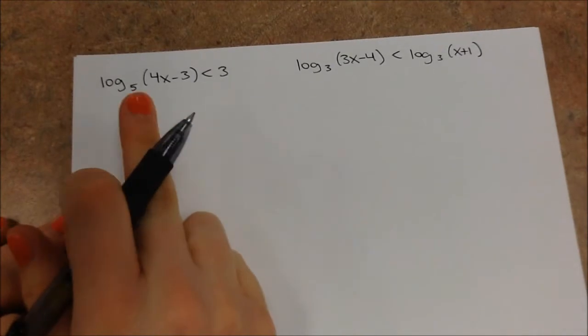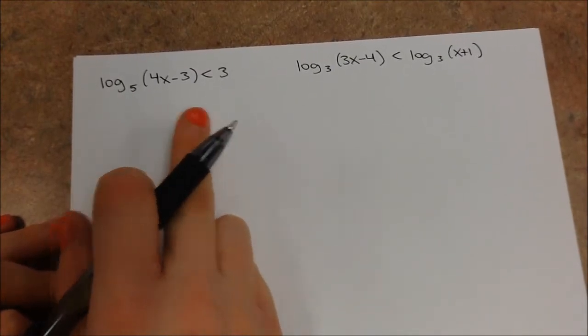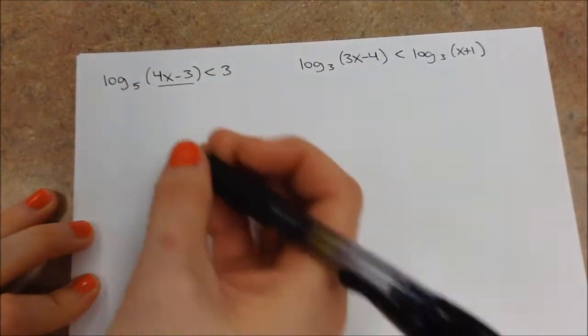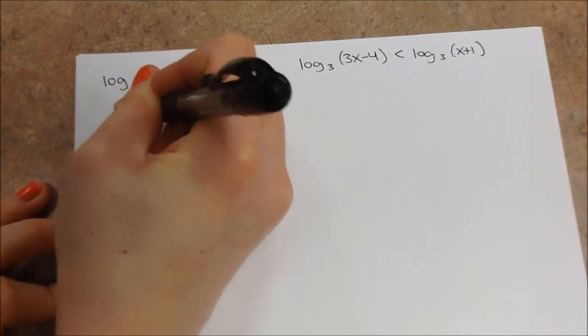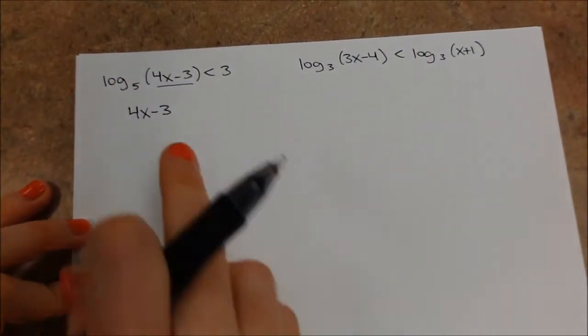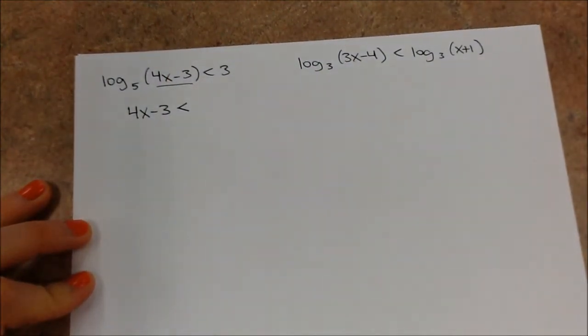Okay, so this one, you do basically the same thing. You're going to convert it into exponential form, except this one's a little bit weird. You've got these properties of inequalities that you did write down in your notes. When you do these, you actually want to start with the inside part, just to make sure that the inequality ends up in the right direction. So if you start with this part, then you get to keep this inequality right here.